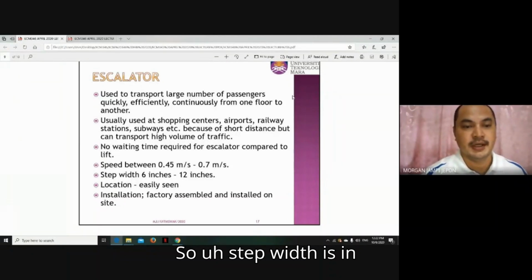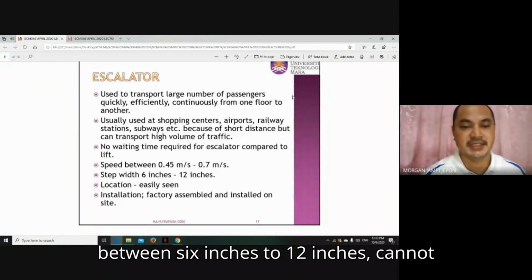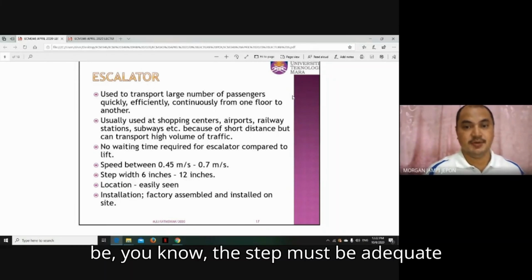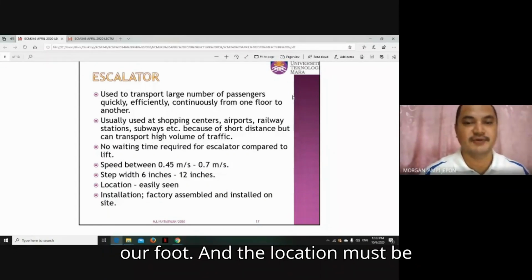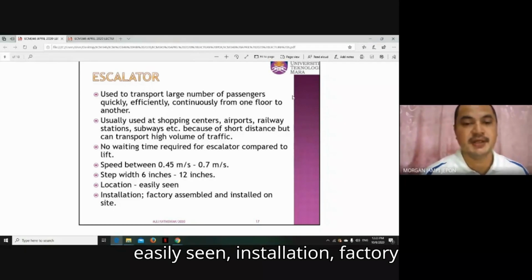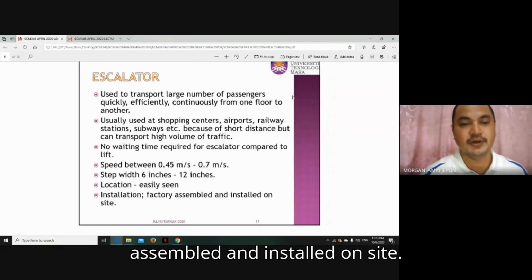Step width is between 6 inches and 12 inches. The step must be adequate so that it accommodates the size of our foot. And the location must be easily seen. Installation: factory assembled and installed on site.